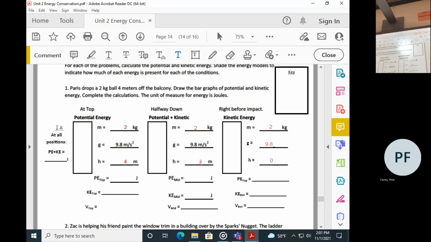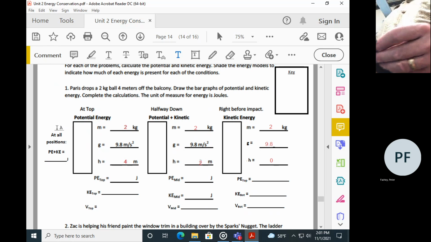Two times 9.8 times 4? That was for the top, yeah. We'll come to that, but it is velocity. That's the hard one.